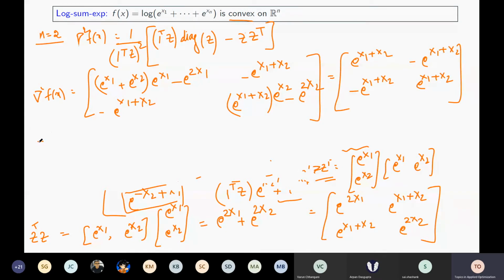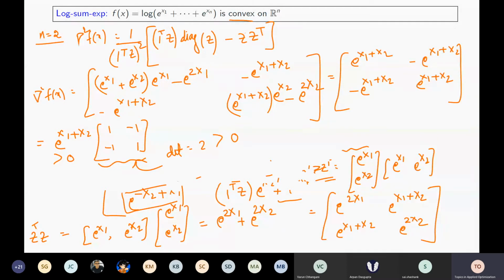So we take e^(x1 plus x2) common, and the matrix is 1 minus 1, minus 1 1. Now this factor is positive, so the positive definiteness depends on this matrix. The determinant of this is 1 plus 1, so this is 2, which is greater than 0, right?